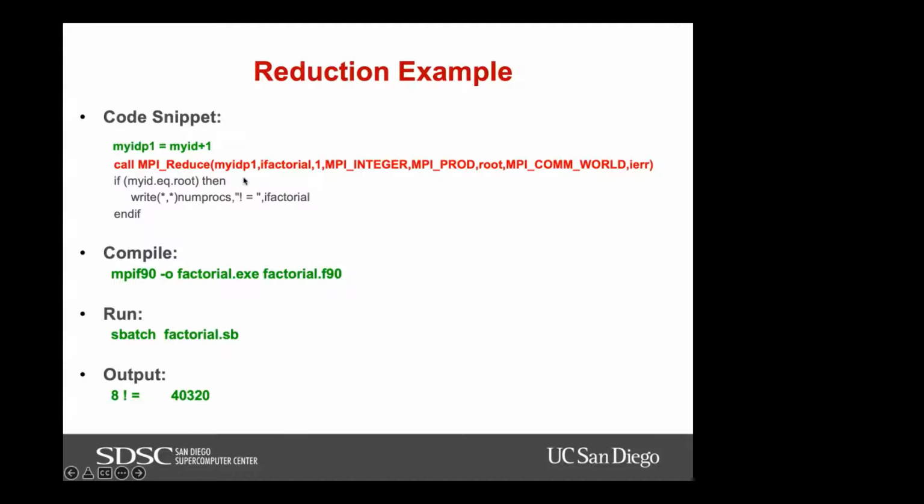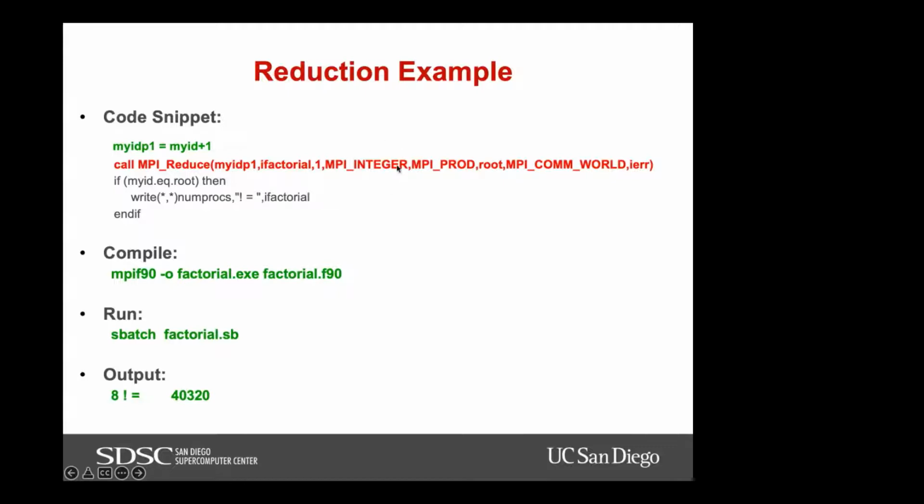Then I want to reduce that value, I'm calling the output, I'm going to stick in an I factorial. And I'm basically sending one instance to one particular task, the root task.